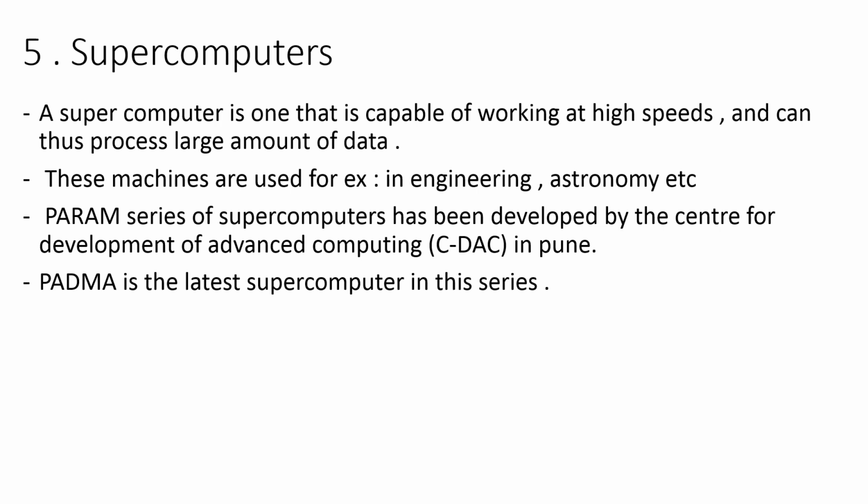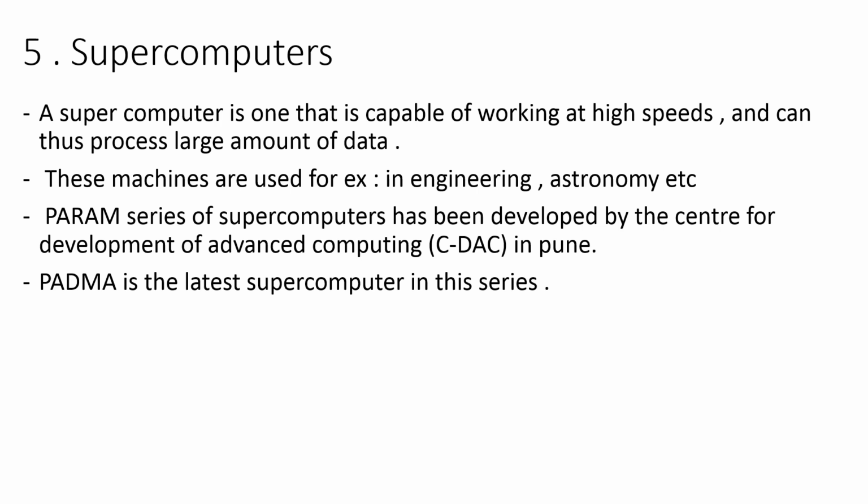Then the last type we have studied is the supercomputer. A supercomputer is one that is capable of working at high speeds. Why is it capable of working at high speeds? Because it has the capability to process a large amount of data. It can process trillions of instructions per second. Just imagine how fast it can be, right? Within a fraction of a second, this system can process trillions of instructions.